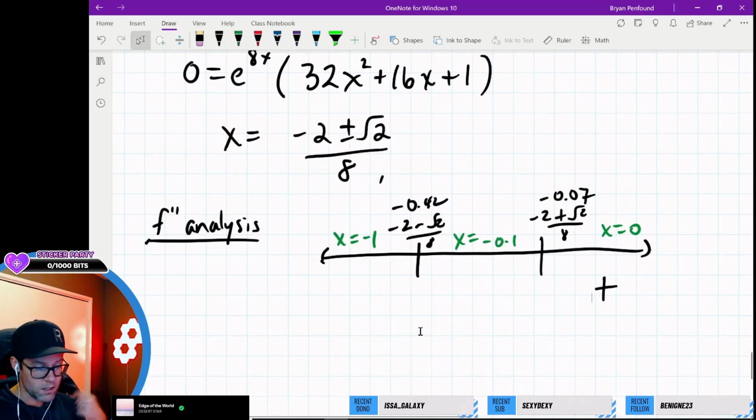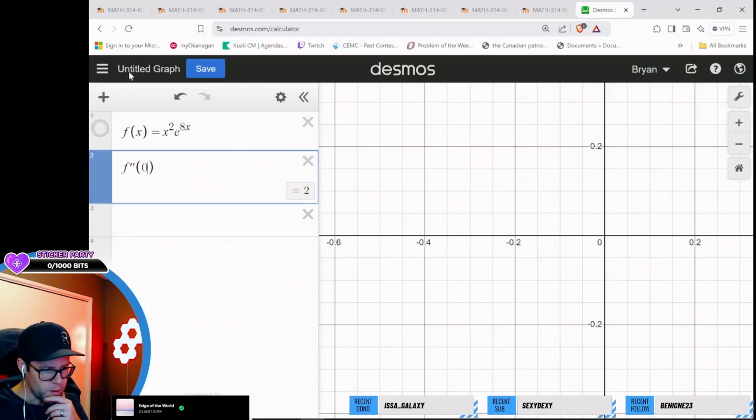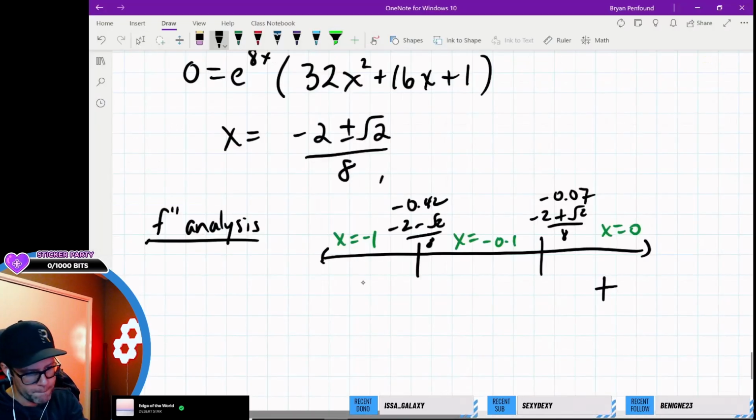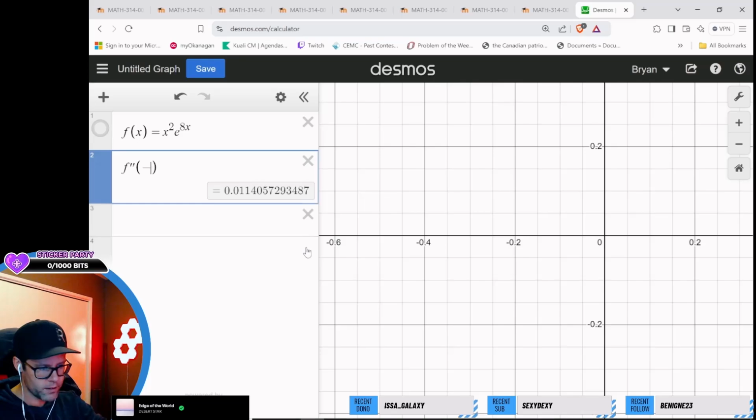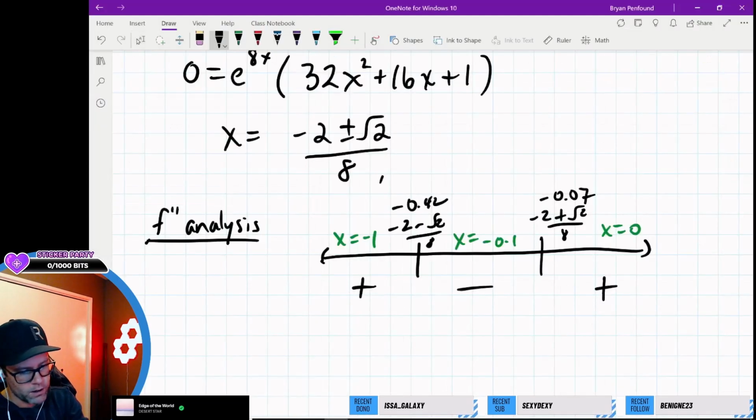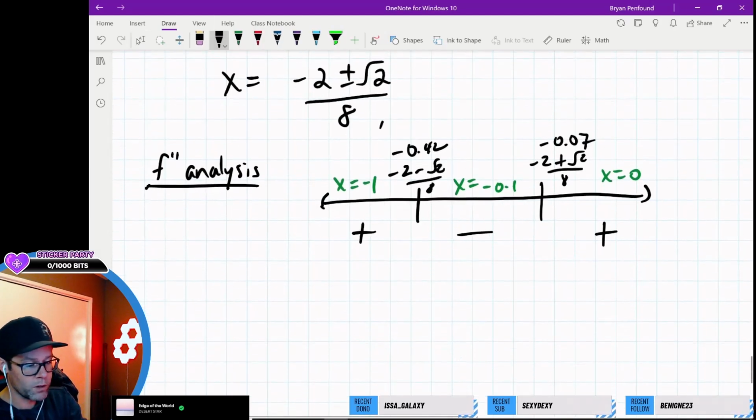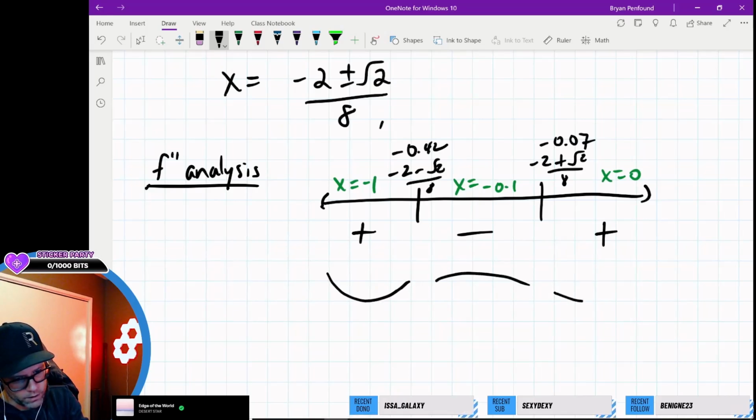So again, we're looking at the sign of our second derivative. Let's plug in -1. We get a positive number here. And if we plug in -0.1, what do we get? We get a negative value. So there are our signs. Now we have a little bit better picture of what the concavity looks like. So we have concave up, concave down, and concave up.